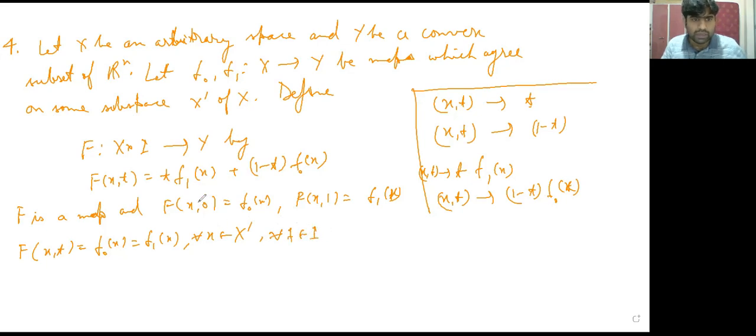So if you take f naught outside, then t plus 1 minus t will give you 1, basically f naught x, which is equal to f1 x on x prime.